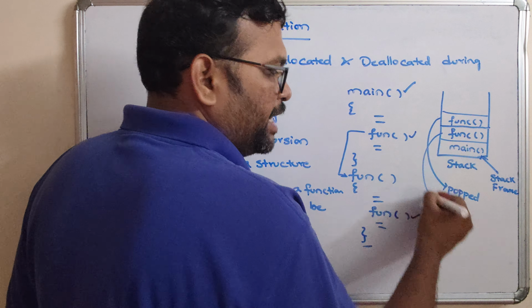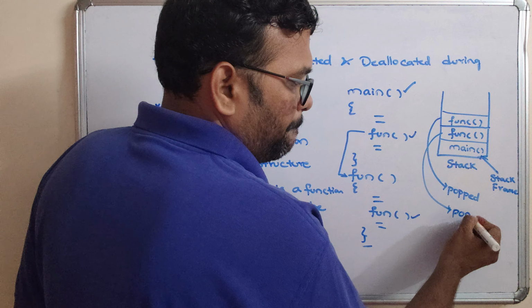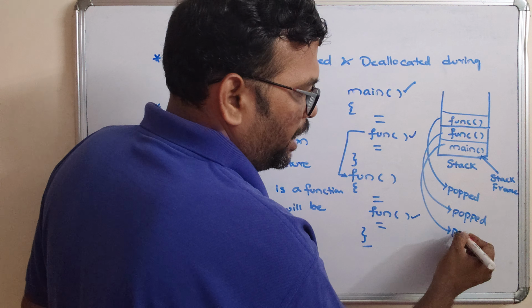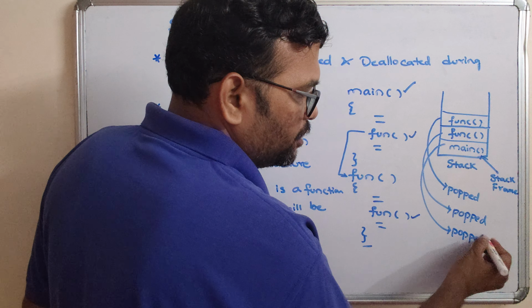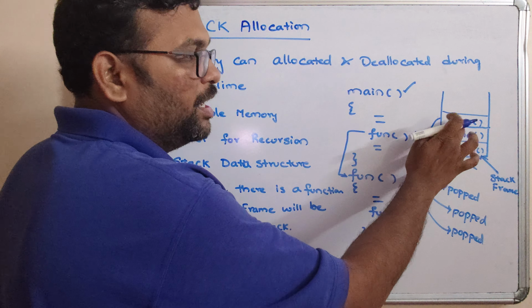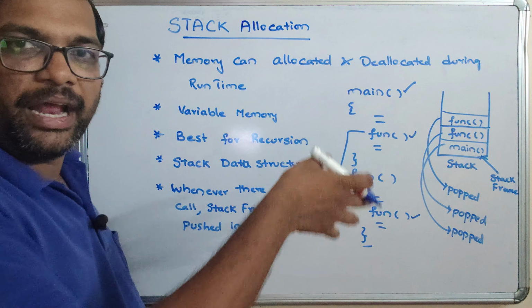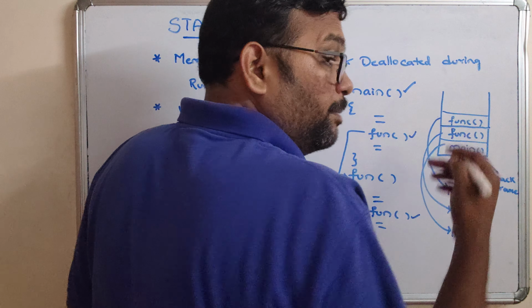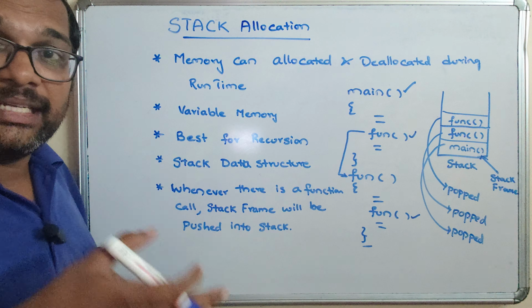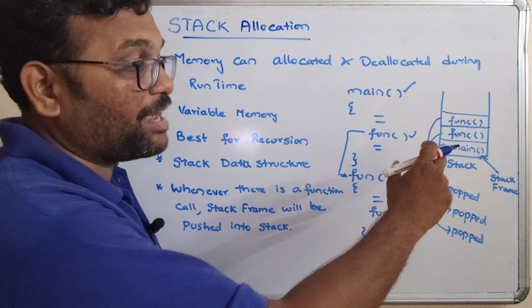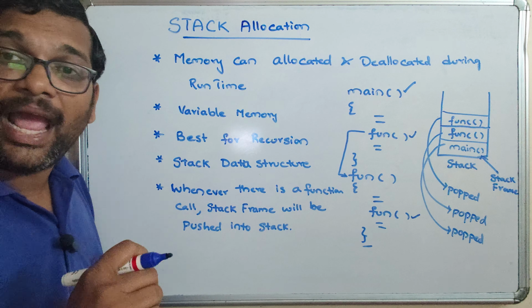Again this will be popped, next this will be popped and it will start execution. Once this function is completed, it is popped and the control moves to that particular address, which is stored in the stack, not the address, that is an activation record, or a stack frame. We can call it a stack frame.